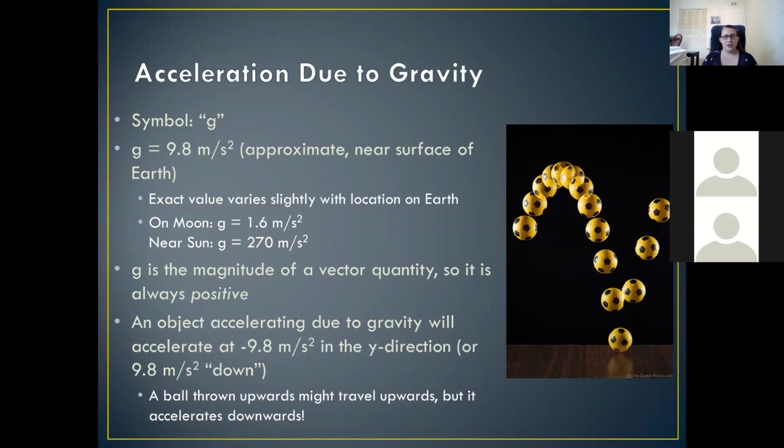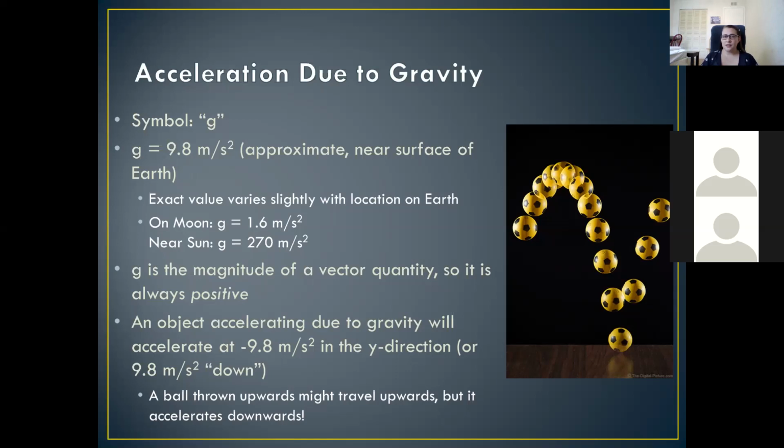But g is the magnitude of a vector quantity. And since it's a magnitude, it's always positive. Right? It's like the absolute value is always positive. So an object that's accelerating due to gravity will accelerate at negative 9.8 meters per second squared in the y direction.